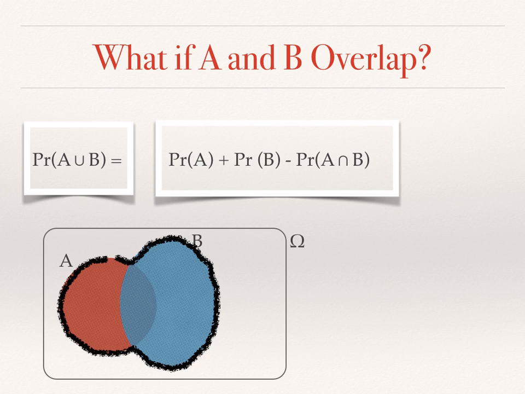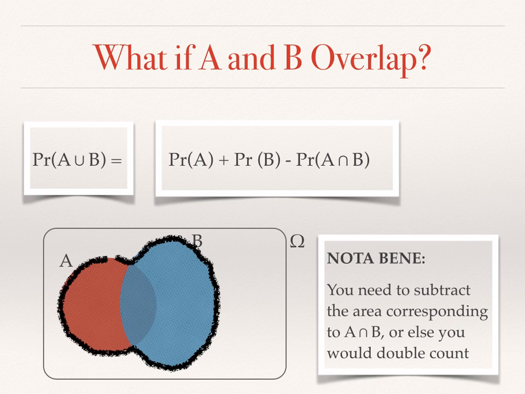Well, because if A and B overlap, there is an area that they share, so they have some elements in common. When you do the addition and don't subtract the area corresponding to A intersection B, you are going to double count. And you can check this for yourself by looking at the picture.